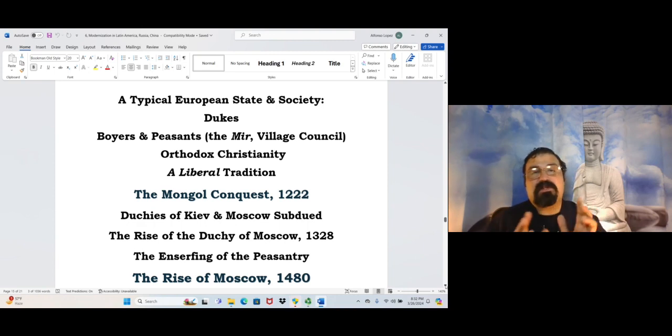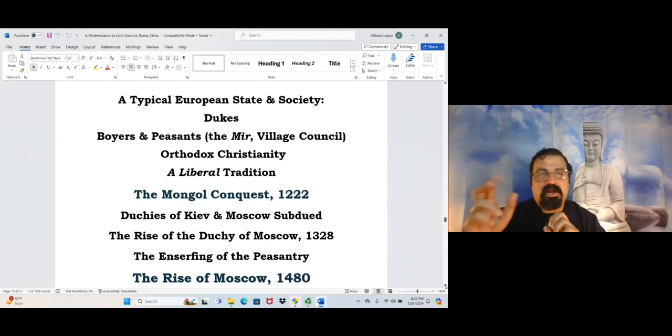They share some power, in other words, with the dukes, with the monarchs on top. They are sometimes assembled from time to time, and they have meetings, and there are negotiations between the boyars and the dukes, and they engage in deals, for example. At least this is how it all started.